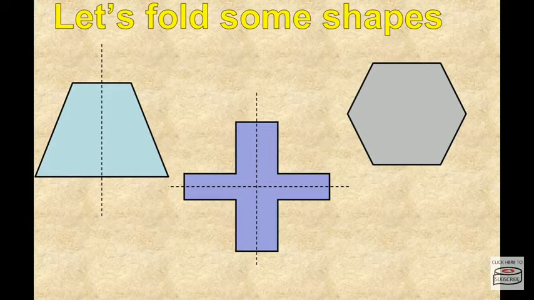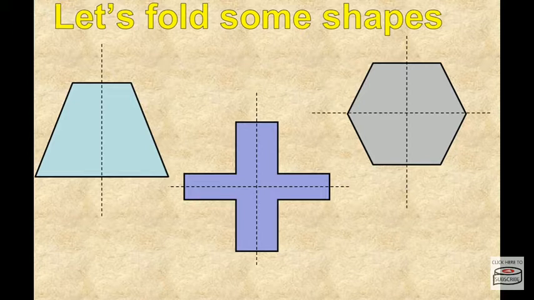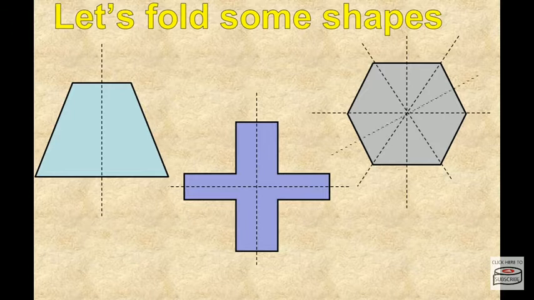And our last figure, this hexagon, has a vertical line of symmetry, a horizontal line of symmetry, but it also has some other lines that we could draw where we would fold them and they'd be the same on either side. There's this line. Notice if you were to fold across that line, you get something the same on all sides. That line and that. Let's do those ones first.